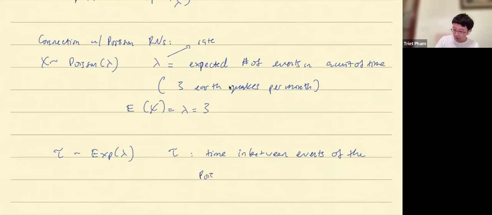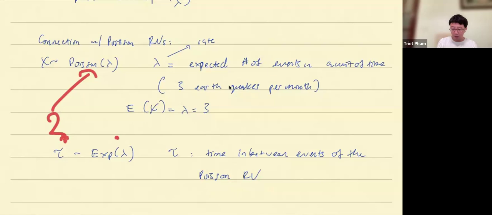Technically speaking, we have to stretch our context to a Poisson process, which is beyond this class. But Poisson random variable is okay because you can think of Poisson as events. For example, suppose that this Poisson returns a value of 2. That means there are two earthquakes this month.